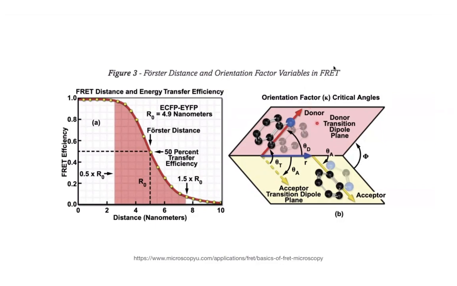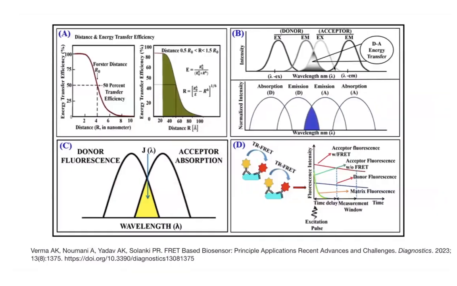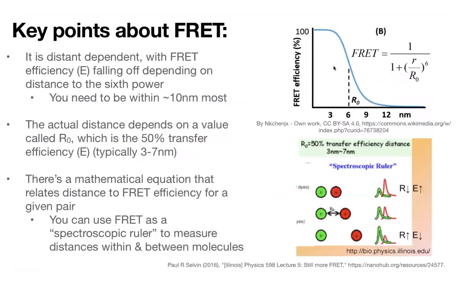Things get really complicated because it doesn't just depend on distance, it also depends on orientation and a bunch of other stuff, like various properties of the fluorophores. Bottom line, you don't need to worry about that. But what I do need you to know is that those complications are complicated when you think about the math, but they're actually really great in that they allow us to figure out information about the molecules, not only how close together they are, but also their orientation and their movements.